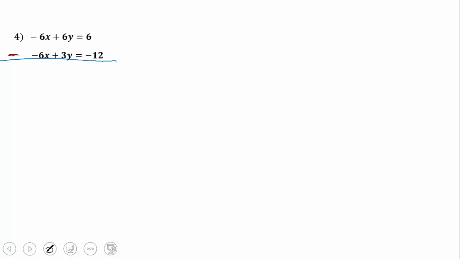And when we subtract, we follow the rules of addition: same, change, change. The first equation stays the same. Our subtraction becomes addition. The negative 6x becomes a positive 6x. The positive 3y becomes a negative 3y. And the negative 12 becomes a positive 12.